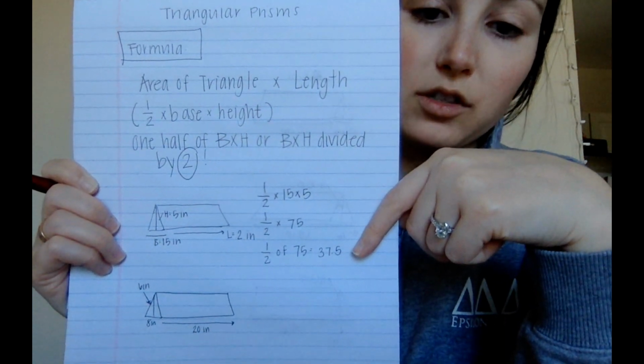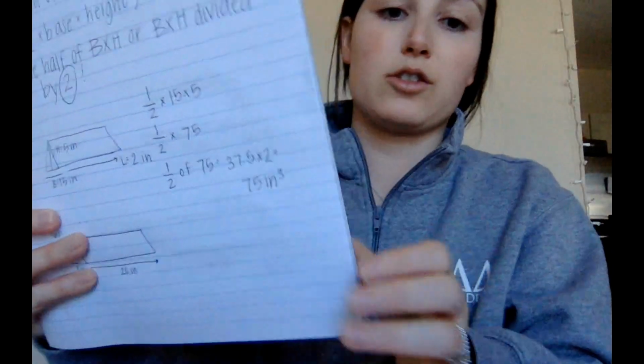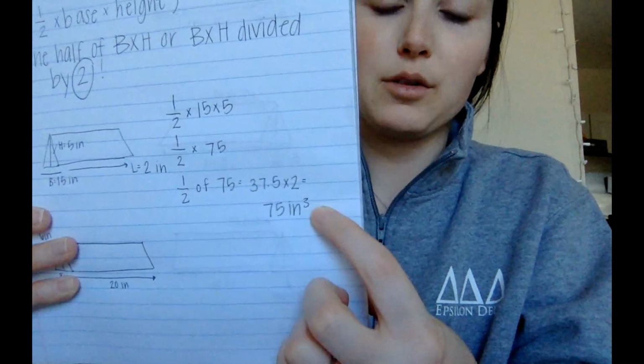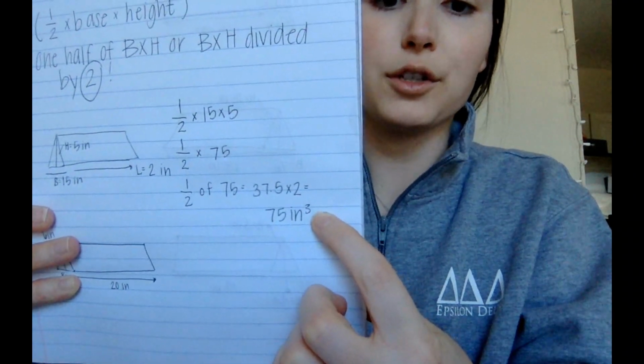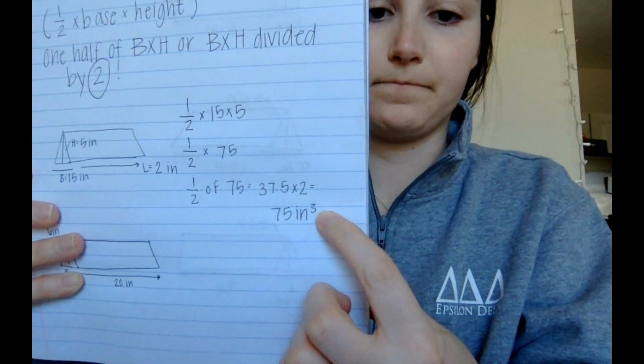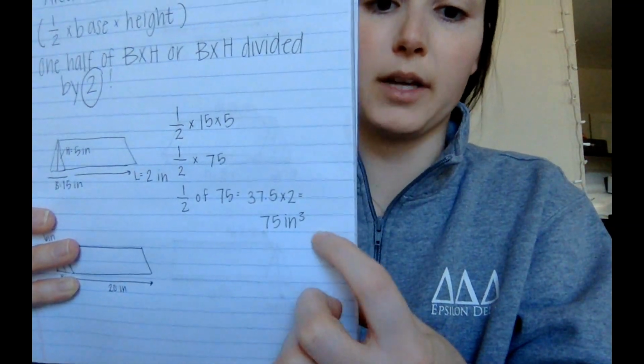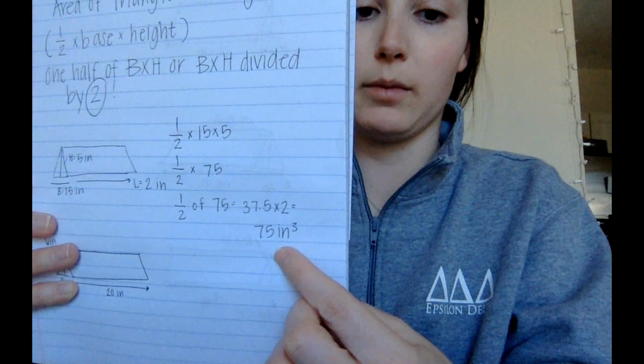Okay, my next one is a bit different. I know that I'm going to find 1/2 of 6 times 8, and then I'm going to multiply that by 20 inches. Okay, and here's my work for that second problem.